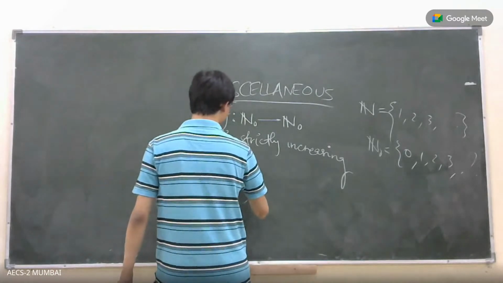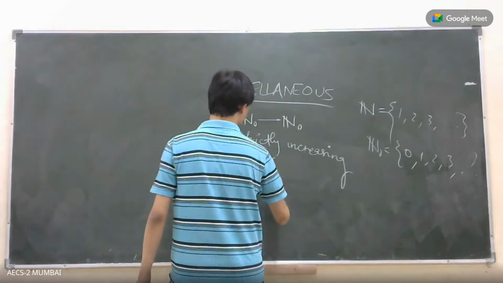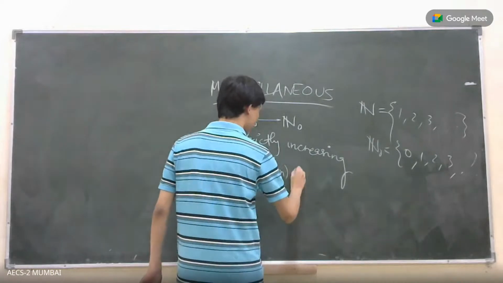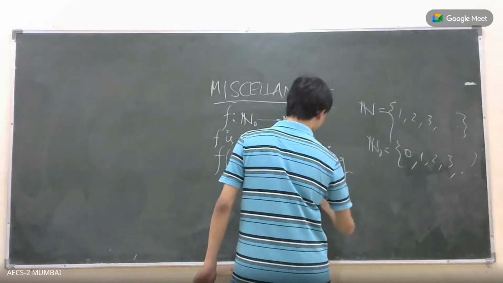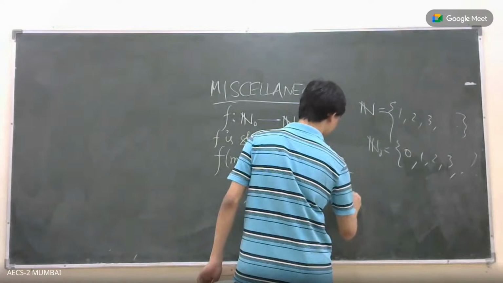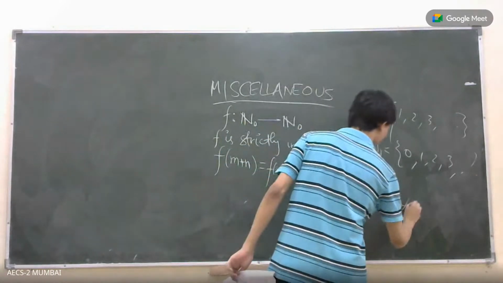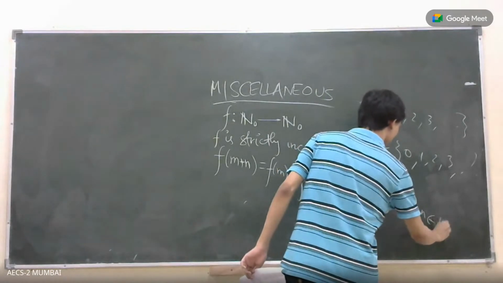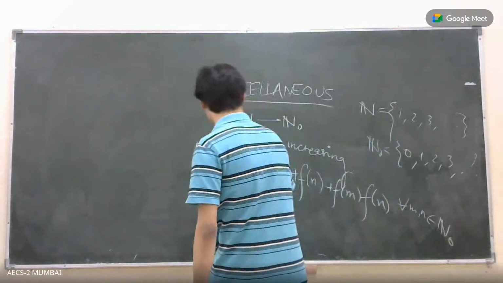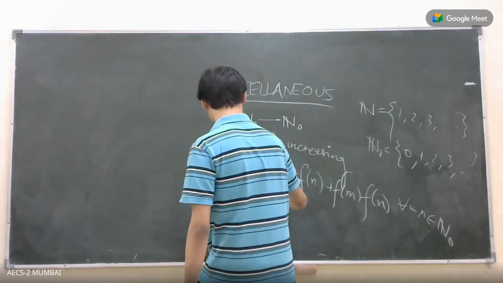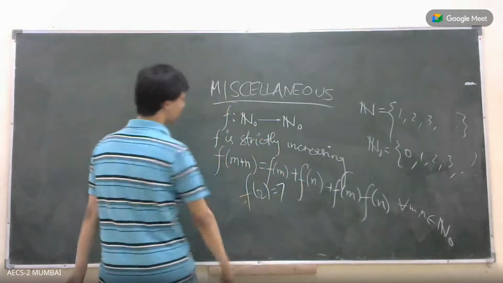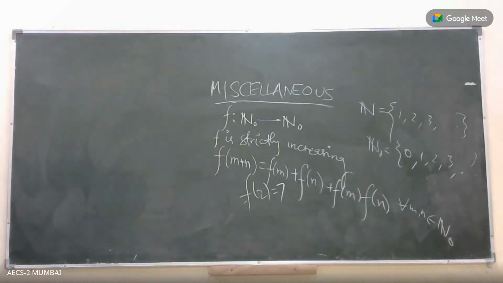F of m plus n equals f of m plus f of n plus f of m n for all n. Find all such functions that satisfy these four properties.